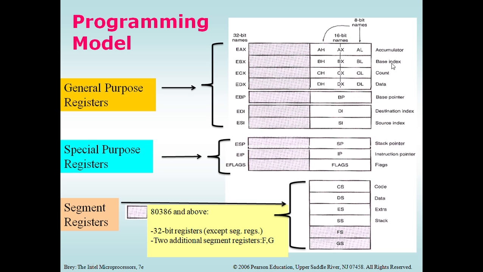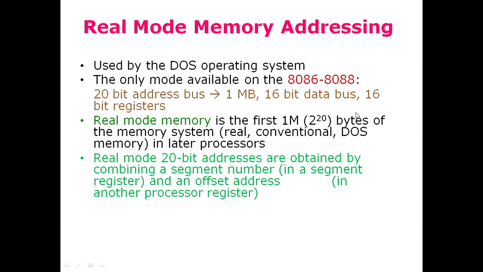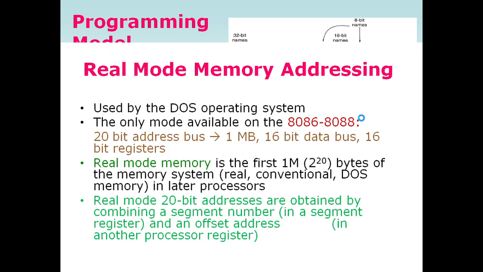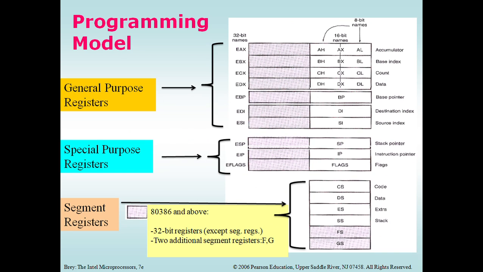Similarly, for the base index register, the same naming convention is used, where the low byte of the base is accessed as BL and the higher byte of the base is accessed as BH, and the 16-bit register is accessed as BX.